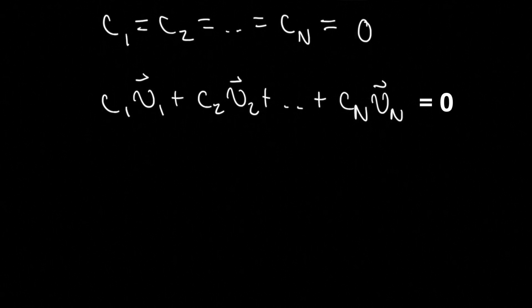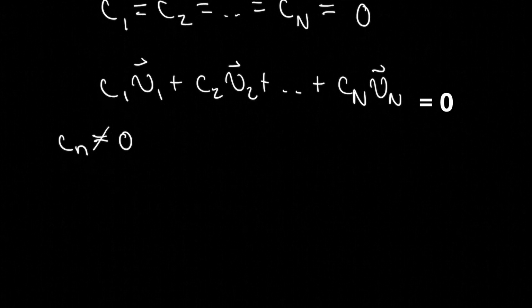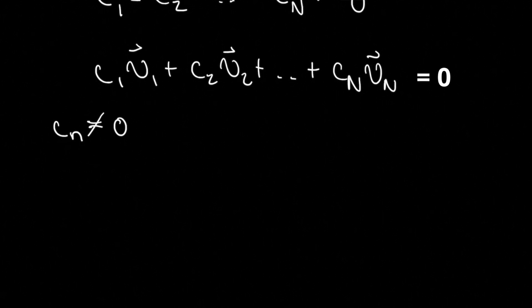Let's say that c lowercase n does not equal 0, where lowercase n can be any of these values. If that's the case, we can solve for the vector vn by adding all of the terms to one side and then dividing by cn. And since cn isn't 0, by assumption, we can do that freely.